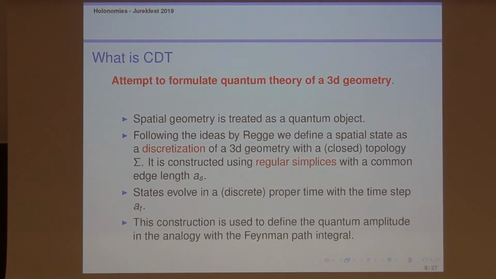These states, we assume, evolve in time, and they also evolve in a discretized time. That means that between states there is a discrete step with some length a_t. Again, we assume this is a unique value.